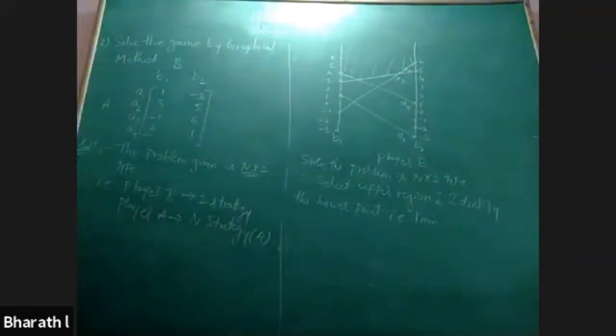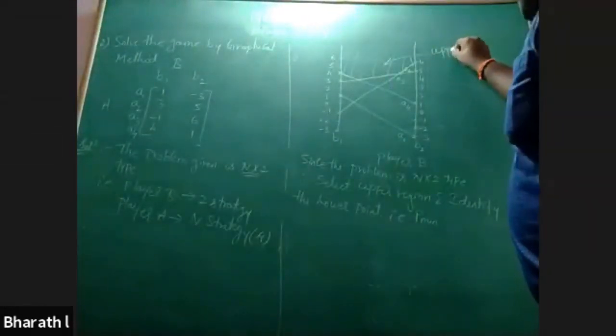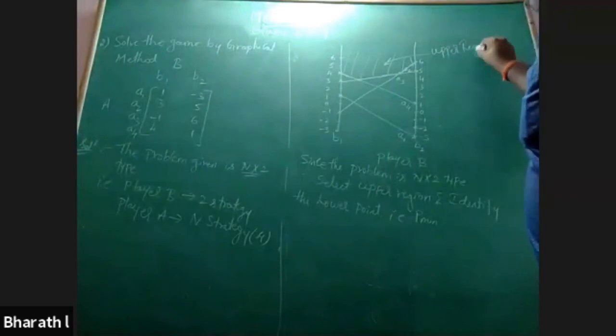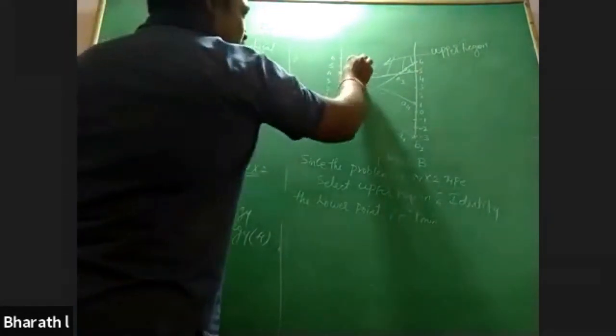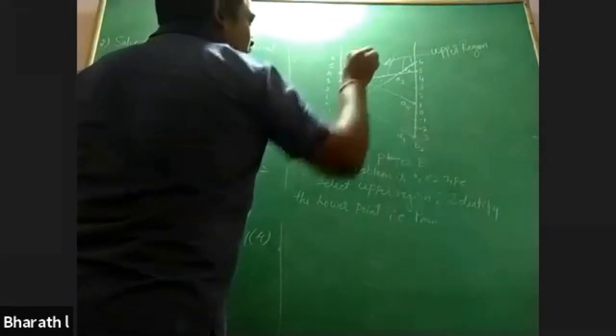Then after identifying the upper region, here you have to write upper region. After writing the upper region, we need to select the minimum point. In this case, you get the minimum point at this point. Here you have to write P minimum.